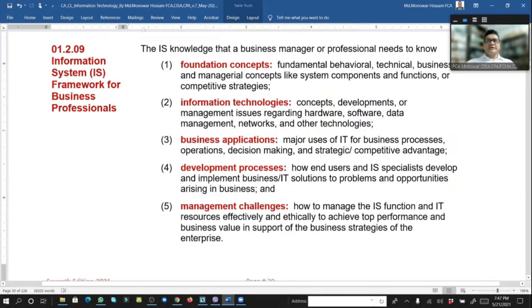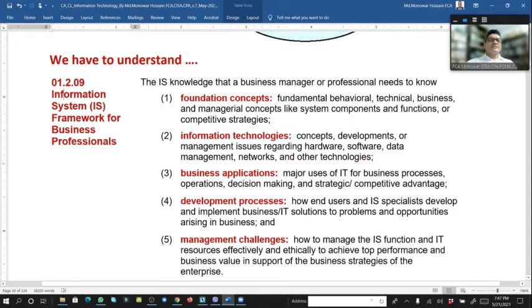We have to understand the information system framework for business professionals. The information system, we know IS means information system here.